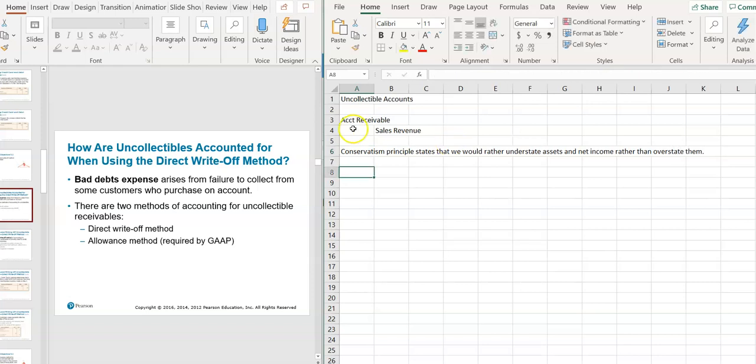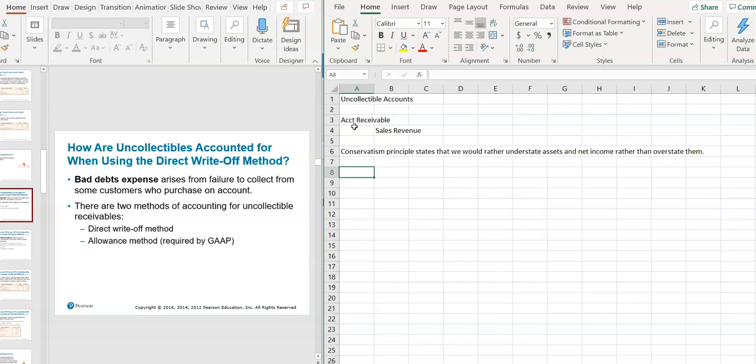So we don't want to say that more is owed to us than what we really think is owed to us. And we don't want to say that we earned more money than we actually think that we earned. So we need to recognize this fact that not all the receivables are going to be collectible, and that we will have some sort of bad debt expense.